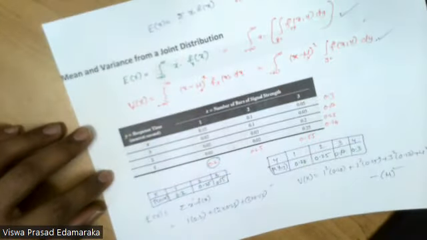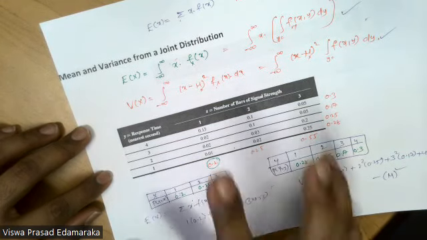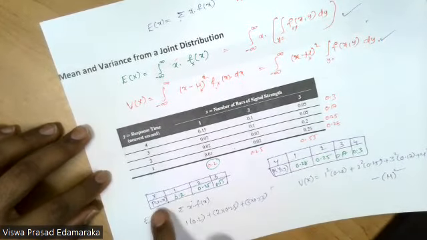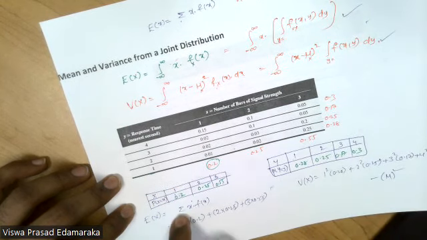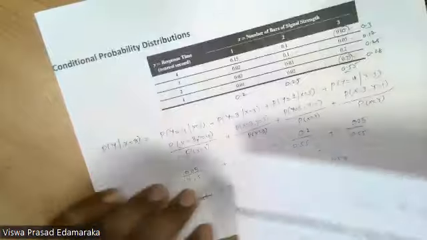The mean and variance of a joint distribution are very simple. We convert this table into two smaller tables, x with f of x and y with f of y, so we can directly calculate E of x and V of y as we saw in chapter 3.